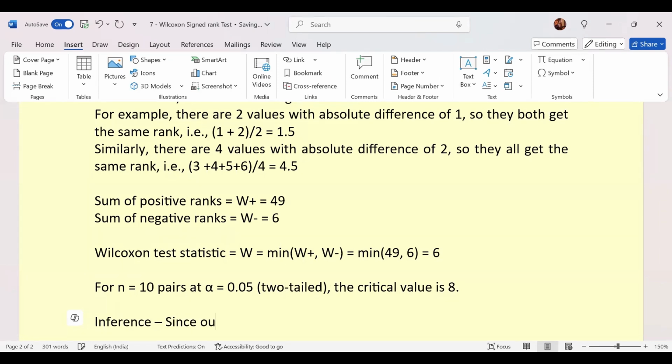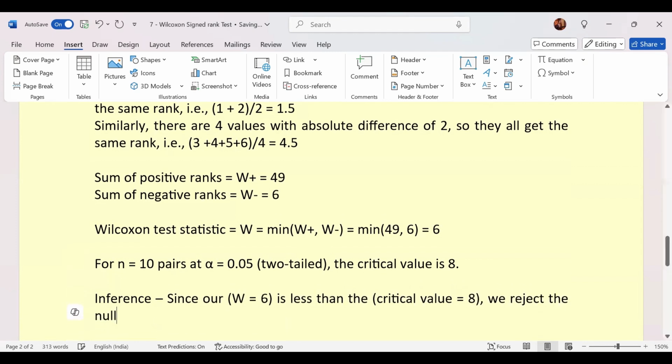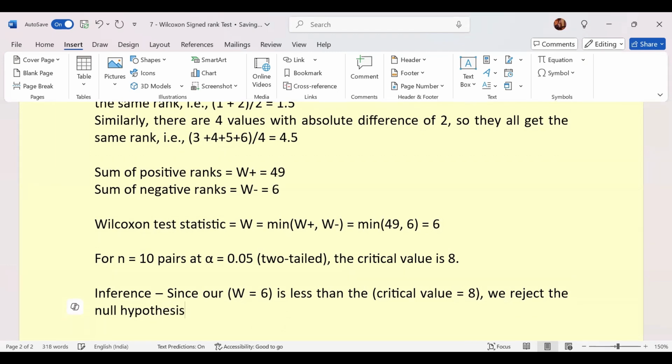Since our W, which is 6, is less than the critical value, which is 8, we reject the null hypothesis, which means we accept alternative hypothesis.